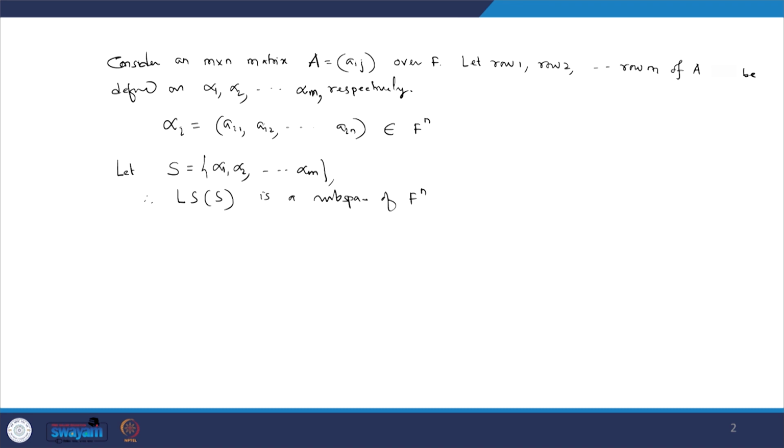It satisfies all the axioms of a vector space. It is called the row space of matrix A. So, the linear span of all the rows of capital A gives you the row space of A, which is a subspace of the vector space F^n.